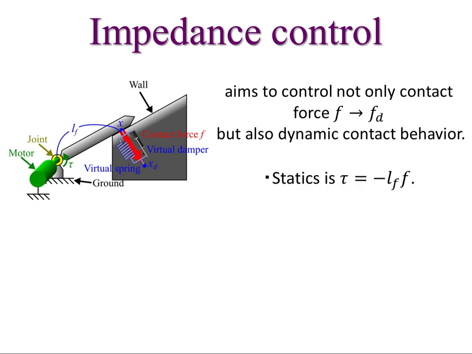In the same way as before, let's use the simplest example to understand the principle of impedance control. The statics of this single-joint robot can be expressed in this equation.